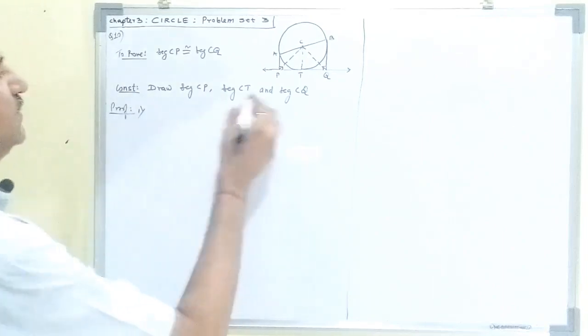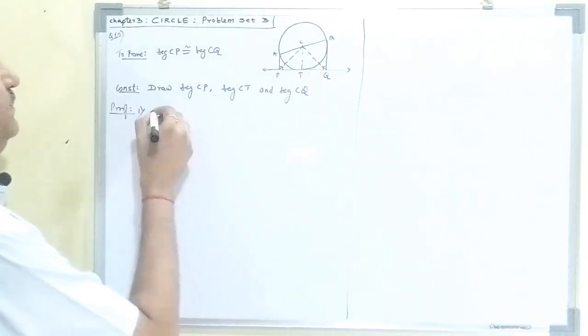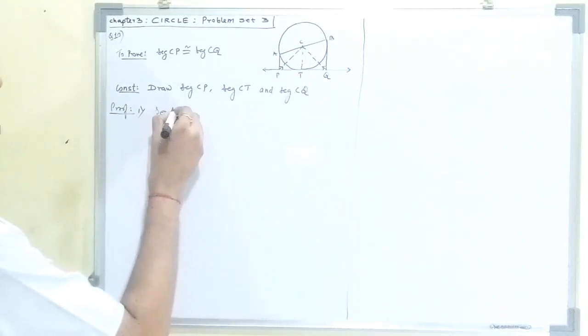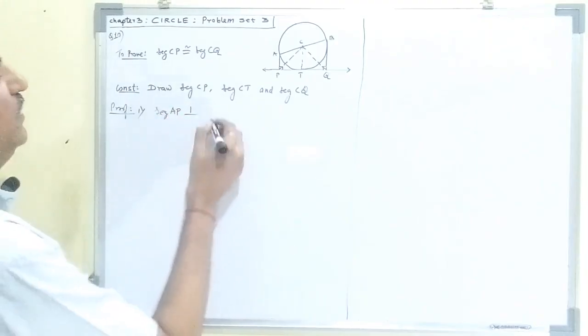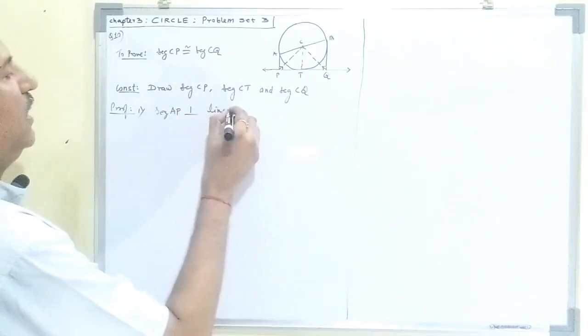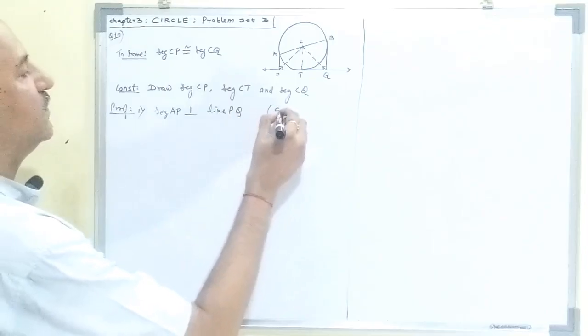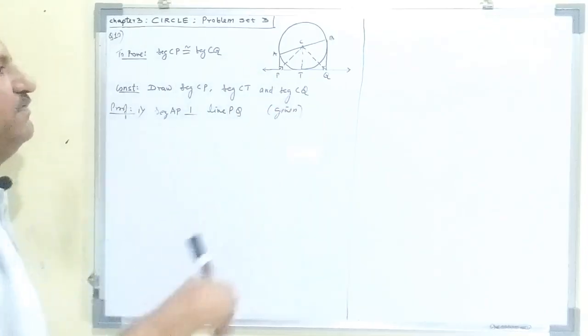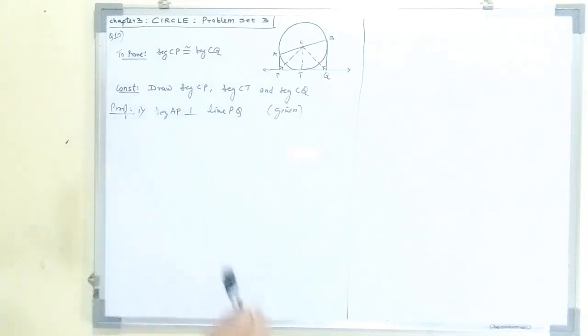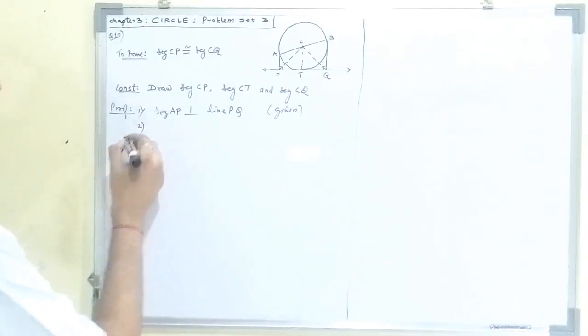So start with the proof. First देखो AP, seg AP perpendicular to line PQ. This is ये given है.